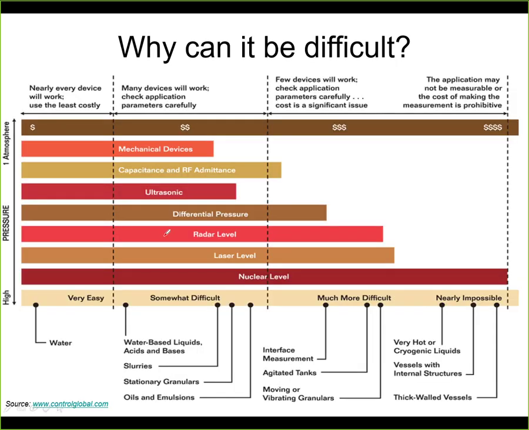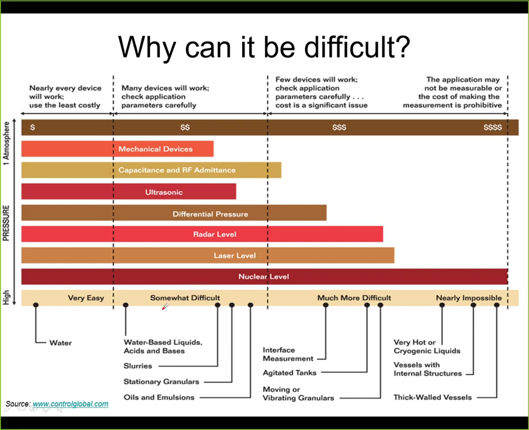Okay, let's take a look at the comparison between the different groups of sensors that we will be talking about in terms of difficulty and how suitable they are for different applications. Here on this axis we have the price of the sensor, and here on the same axis we have how difficult it is to measure what we want.